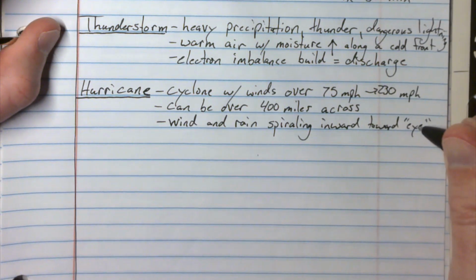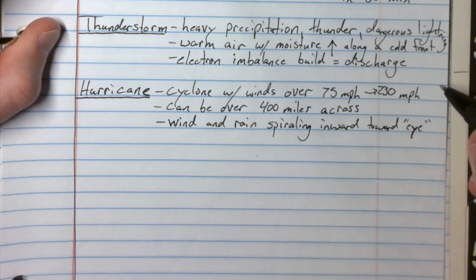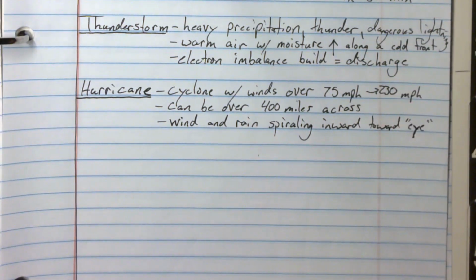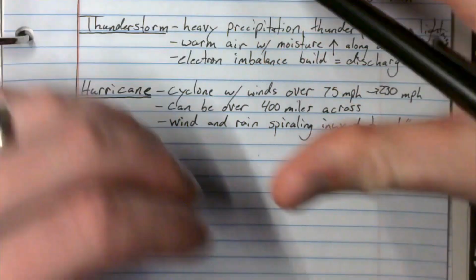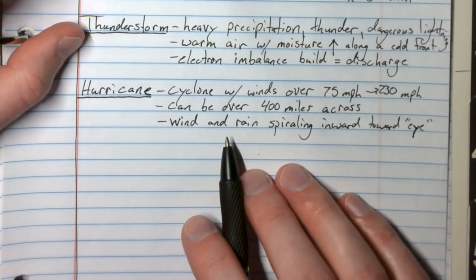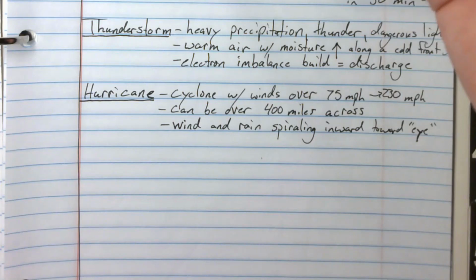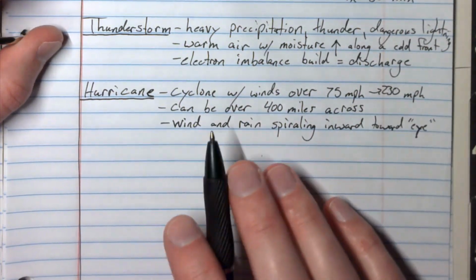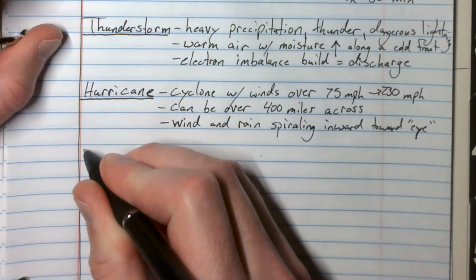A hurricane's got that calm point in the middle. That's where it's got the lowest pressure. And so everything is starting to come in towards that, but it's spinning so fast that it stays out because it's spinning so quickly. Anyway, super interesting. The last one is a tornado.